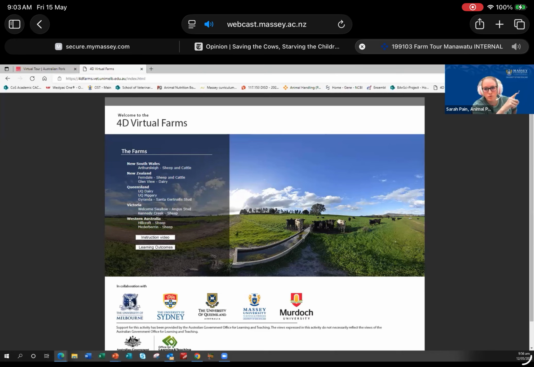So I'm going to just whip into one of the Western Australian farms just to show you the contrast in environments when you start to look at some sort of international agriculture, just to try to put some perspective on the New Zealand systems, I suppose, which I think is always helpful. But any of the other farms I go into are not part of the quiz. The quiz is only about Ferndale, Glenview, and the University of Queensland piggery.